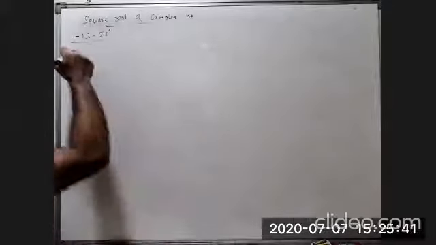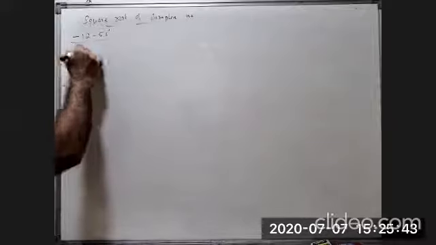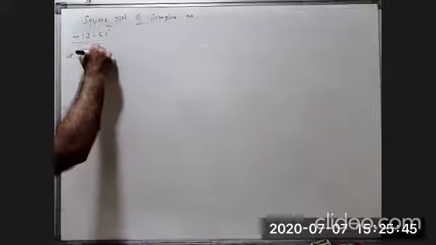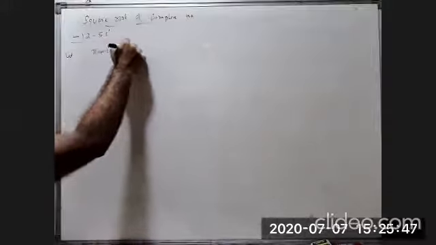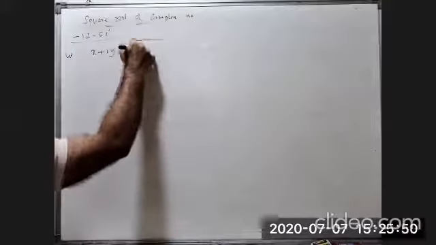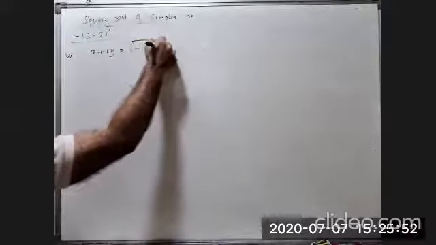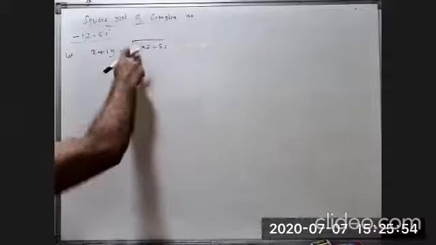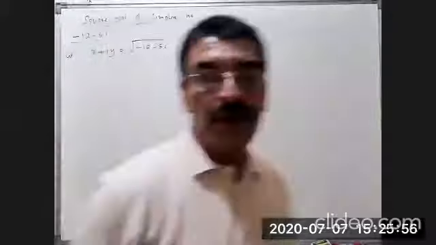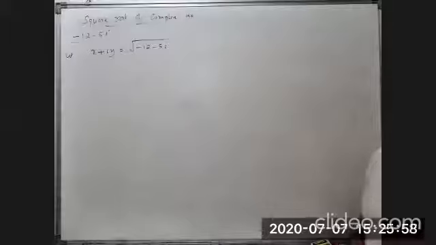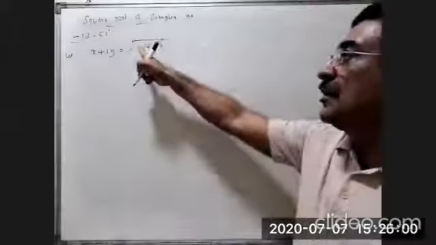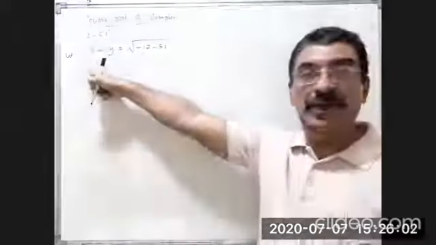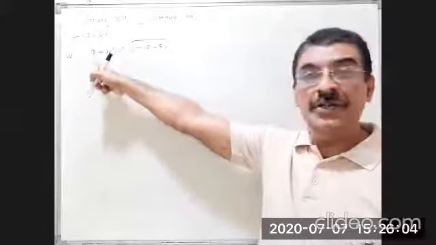What to do is we assume, let x plus iy be the root of minus 12 minus 5i, because our aim is to find the square root of this complex number, minus 12 minus 5i. We assume that the square root is x plus iy, complex number standard form.